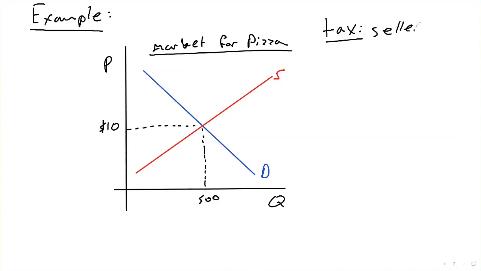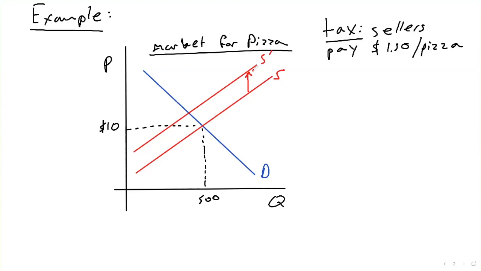So let's look at the same example, but this time let's say the sellers pay the tax. Well, using the same logic that caused us to shift the demand curve, we shift the supply curve in the same way. So now the supply curve shifts up by the amount of the tax.